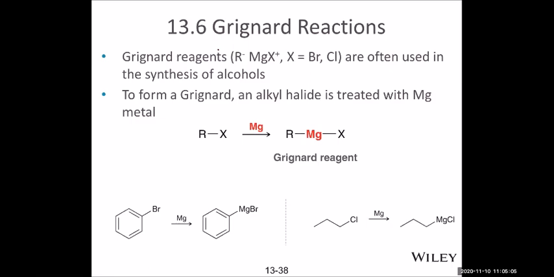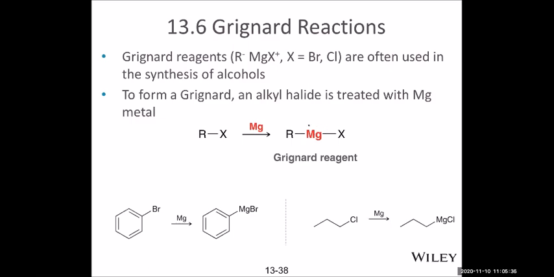And this reaction, when reacted with a carbonyl, can produce alcohol. To make Grignard reagents, we typically start from an alkyl halide. It can be benzyl halides as well. They react with magnesium. It creates a sort of covalent, sort of ionic bond between the carbon and magnesium.